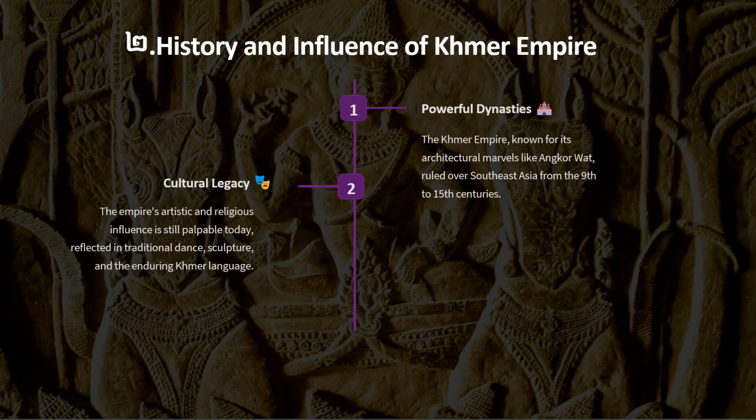The Khmer Empire left behind a rich cultural history that influenced the language and religion of Southeast Asia. The Khmer developed a distinct style of art that combined Indian elements, such as depictions of gods, kings, and apsaras in stone.